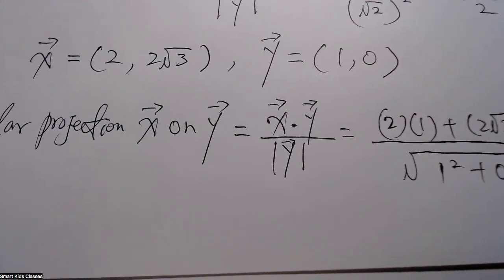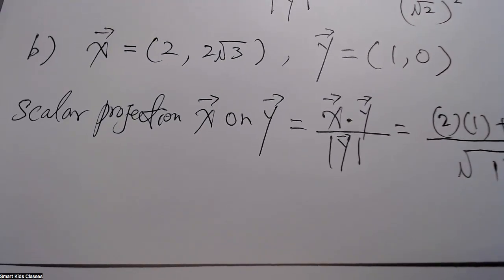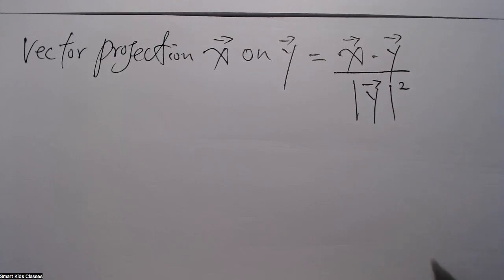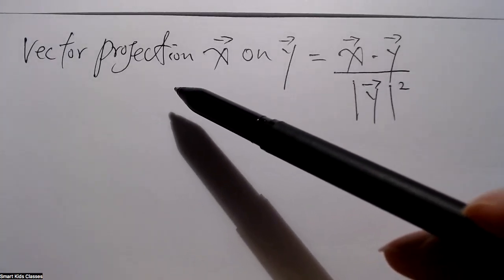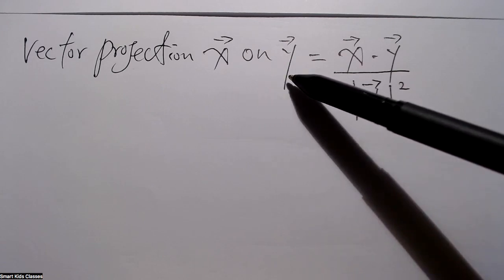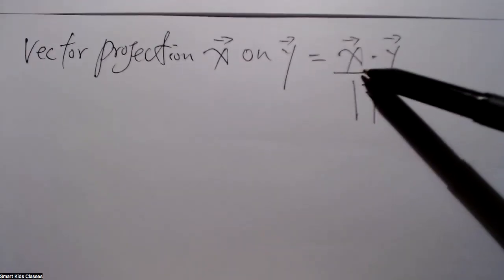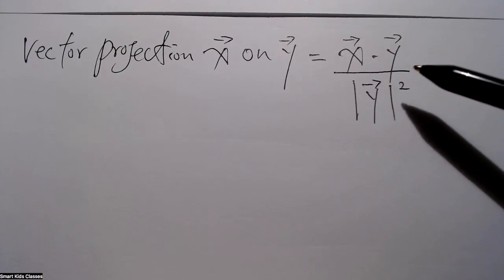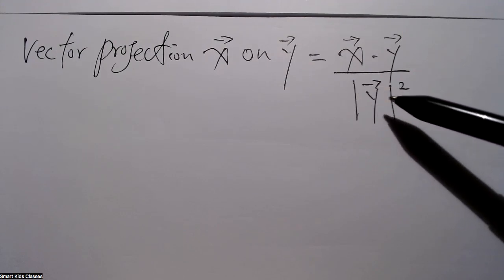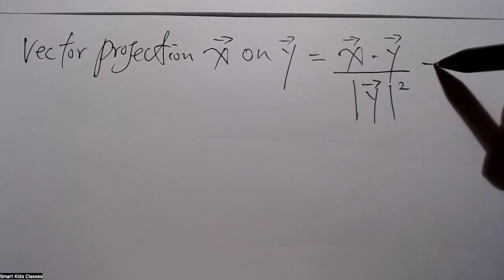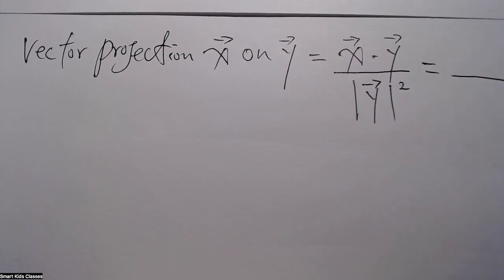Now we do the second process, the vector projection. We apply the formula: the vector projection of x on y is vector x dot vector y divided by the magnitude of vector y squared.